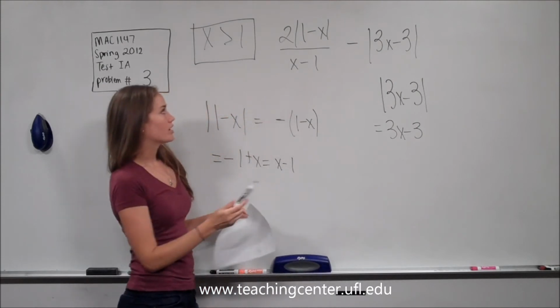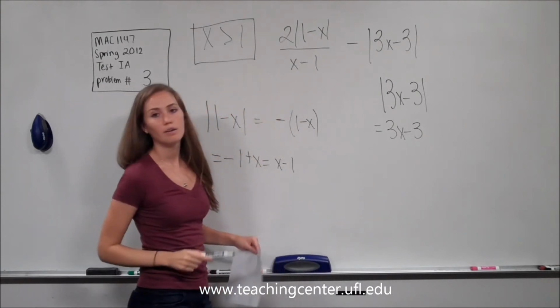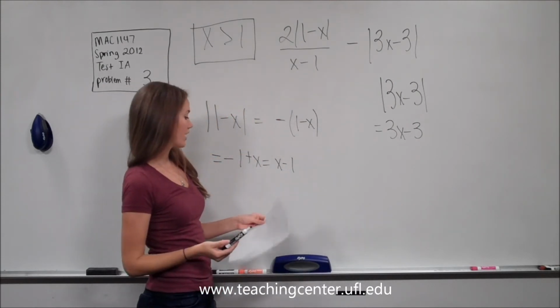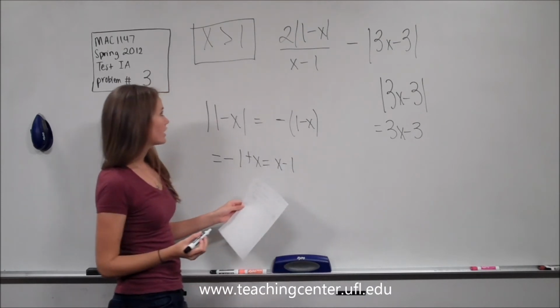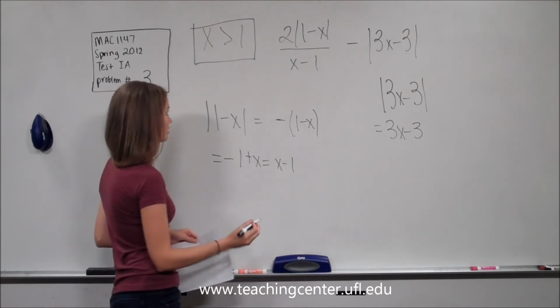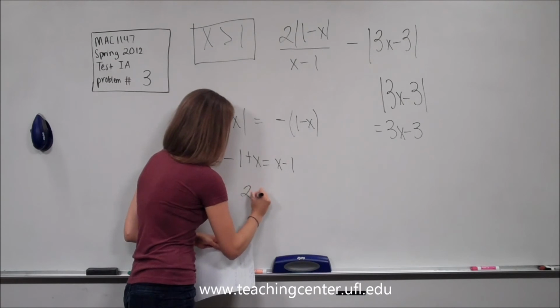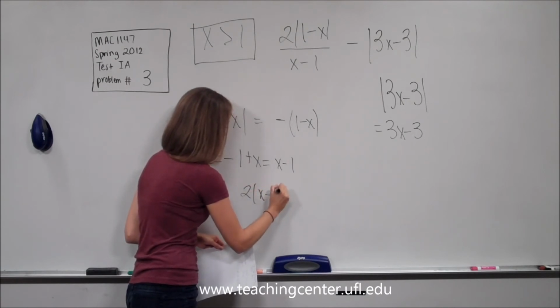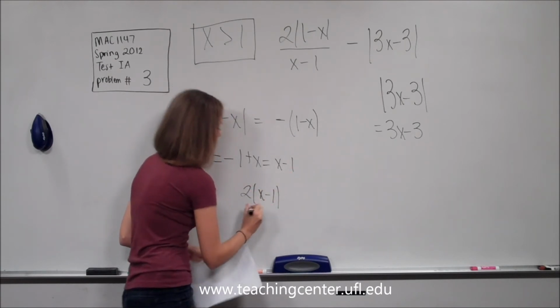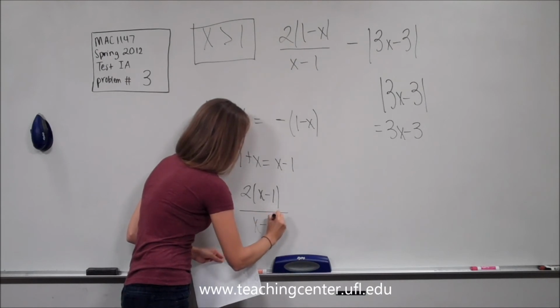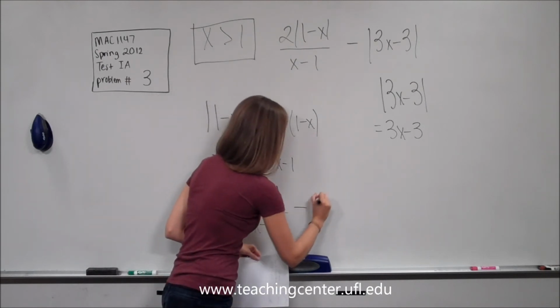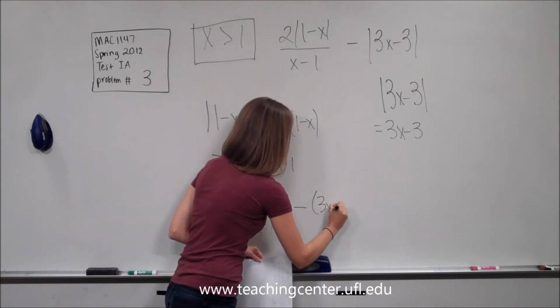So now we've gotten rid of our absolute value bars in our whole function, so we can simplify it completely. We can rewrite it now as 2 times (x minus 1), which we got from here, all over x minus 1, minus (3x minus 3).